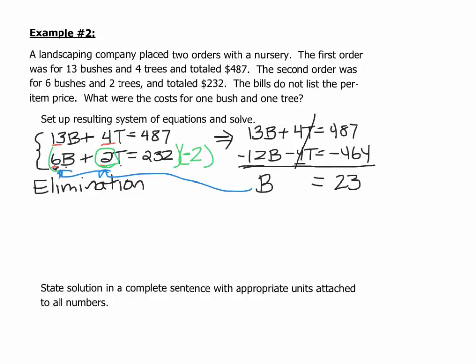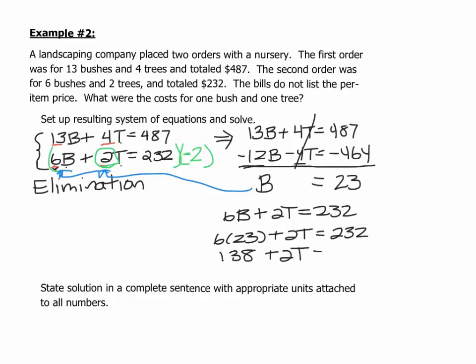I'm going to use the second equation. My second equation was 6b plus 2t is 232. When I plug in my 23 for my b, I'm going to get 6 times 23 plus 2 times t is 232. 6 times 23 is 138, and I have the plus 2t is 232.